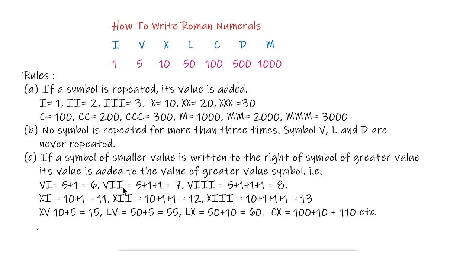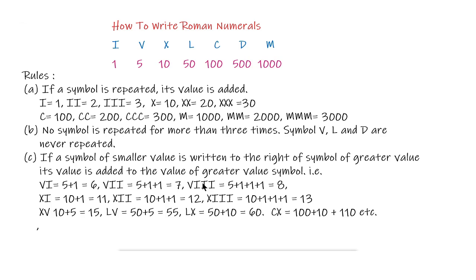VII equal to 5 plus 1 plus 1 equal to 7, as I is repeated for 2 times, so its value is added. VIII, I is written for 3 times after V, so it is equal to 5 plus 1 plus 1 plus 1 equal to 8.